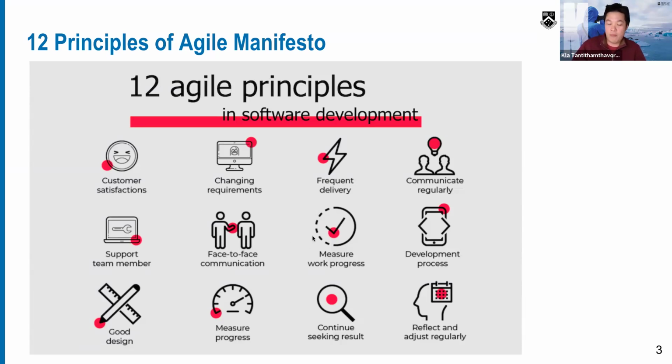We always measure the work in progress, and we focus on the development process as well. We focus on good design, measure the progress, and reflect and adjust regularly. Nothing is perfect. It's about the reflection: what did we do well over the past few weeks, and what can be improved in the future?